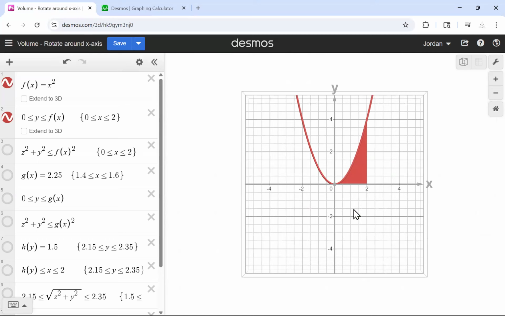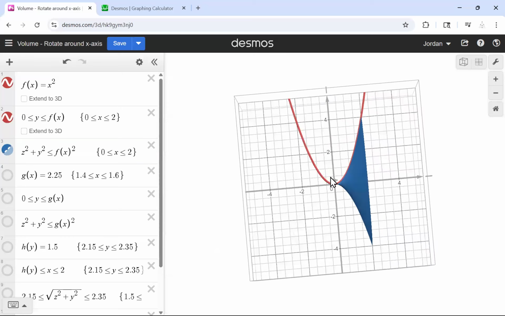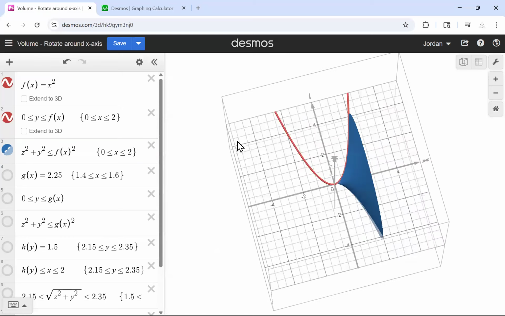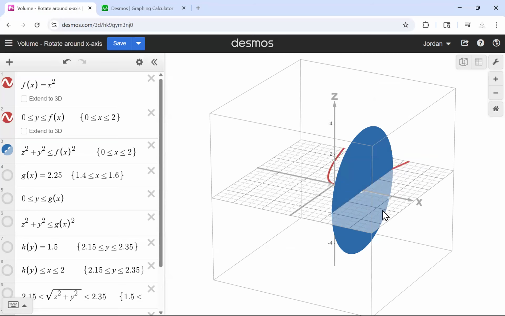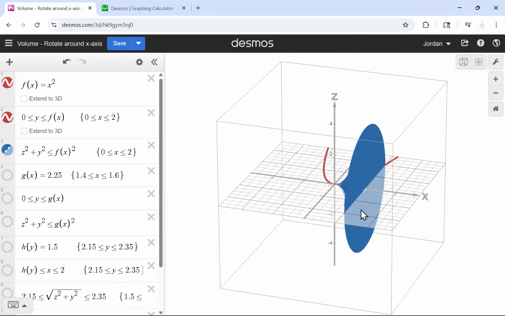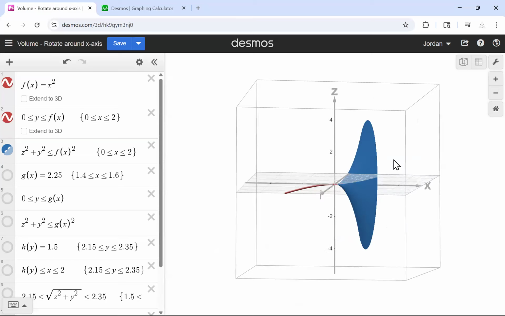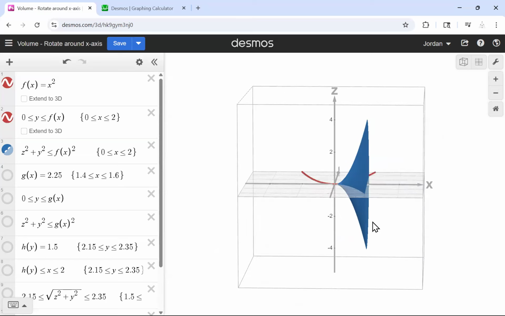And if I start rotating this area around the x-axis, what happens is I've created this three-dimensional object. Now, I don't know what it looks like, but it looks like a cap.